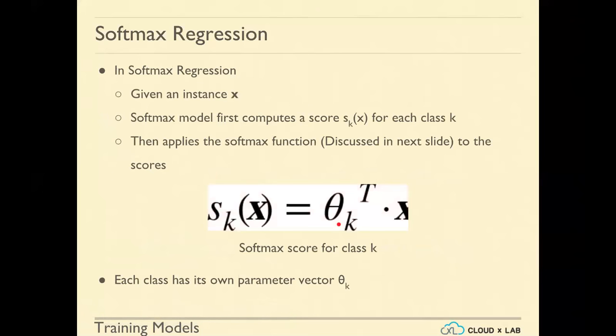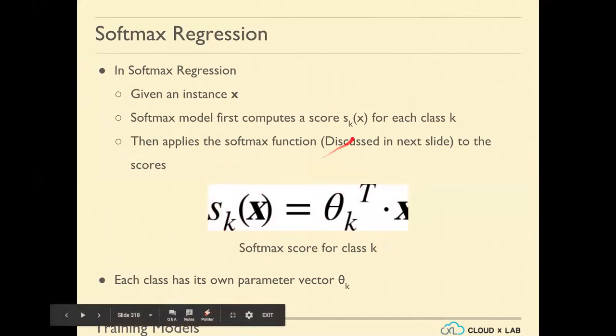So let's try to understand how softmax regression works. In softmax regression, given an instance x, the softmax model first computes a score s_k for each class k, then applies the softmax function to the scores.